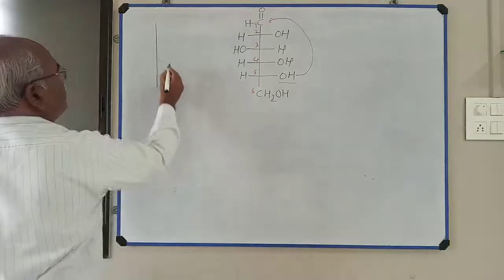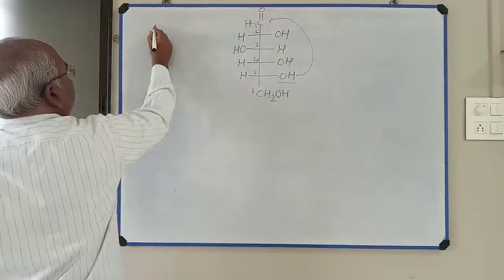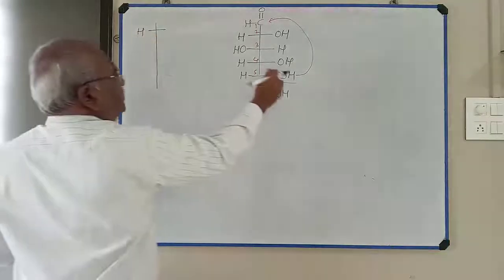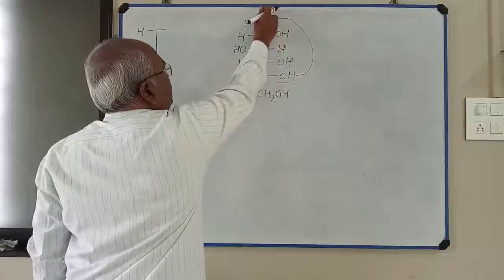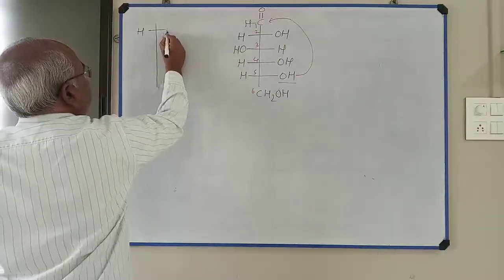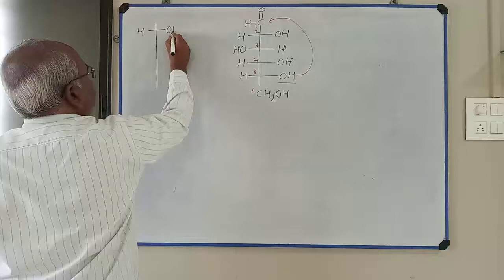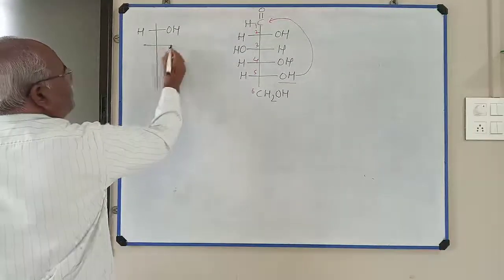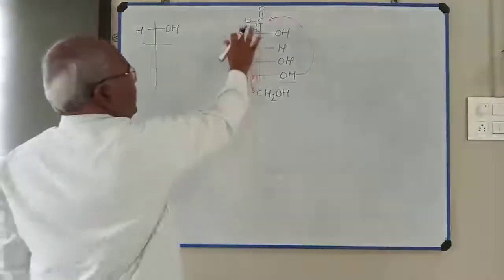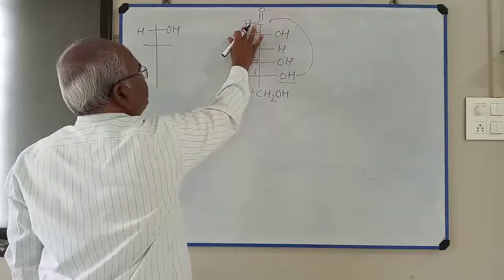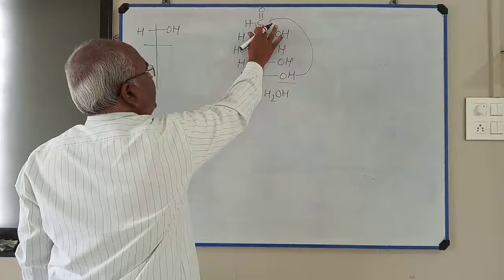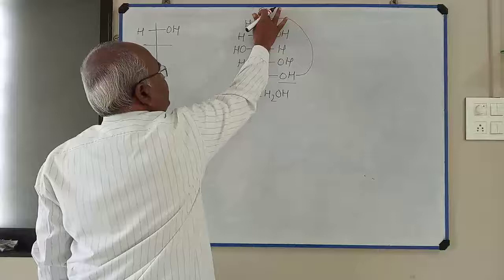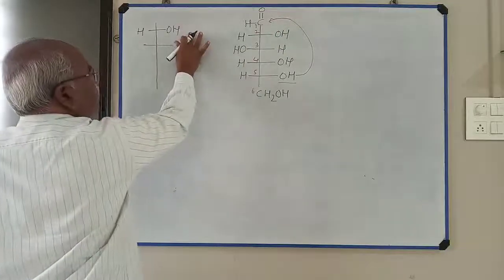This is a straight chain. Here is H. This hydrogen is added to this oxygen and it is converted to OH. Next, the only change, you remember, hydrogen I wrote as it is, carbon I wrote as it is. The hydrogen from this OH is added to this oxygen, therefore OH.